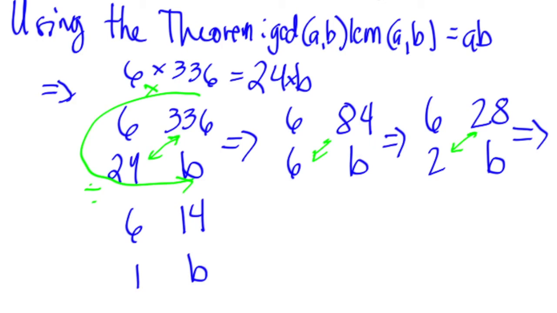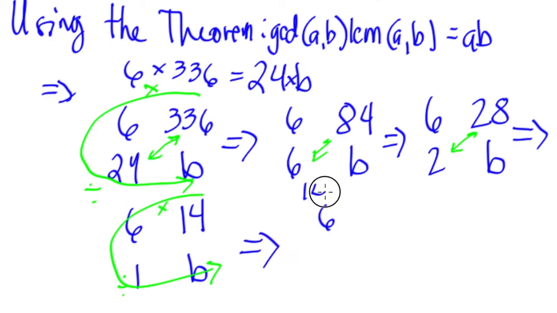So let's do it like this. Multiply and divide. What remains for us to do is just 6 times 14, because dividing it by 1 is still going to be the answer, right? So that's going to be 6 times 14 only. So what's 6 times 14?